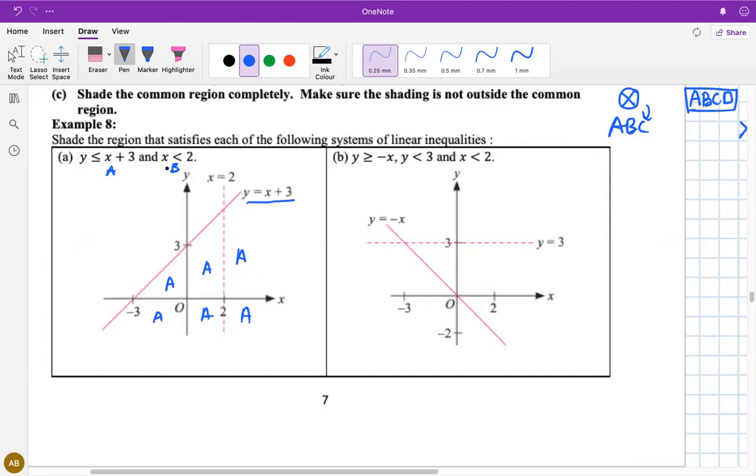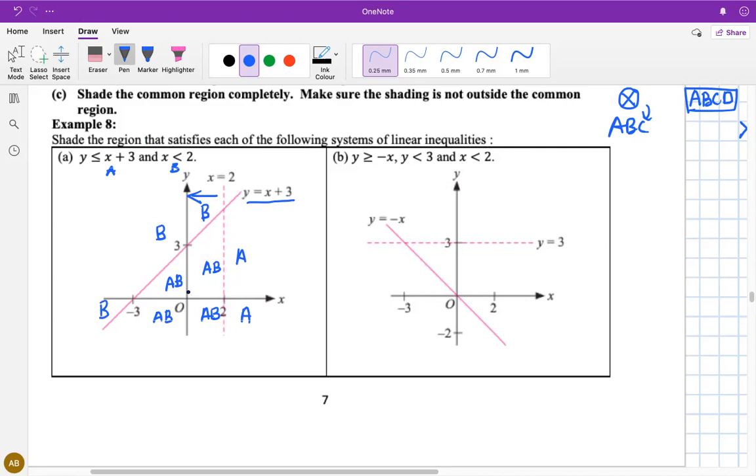Okay. Then B is the region where x is less than 2. So it's the region on the left hand side of x equals 2. So here you write down B, B, B, B. I prefer to write only on the regions where we already wrote A, because there is no point in writing B here, because this is not the answer.